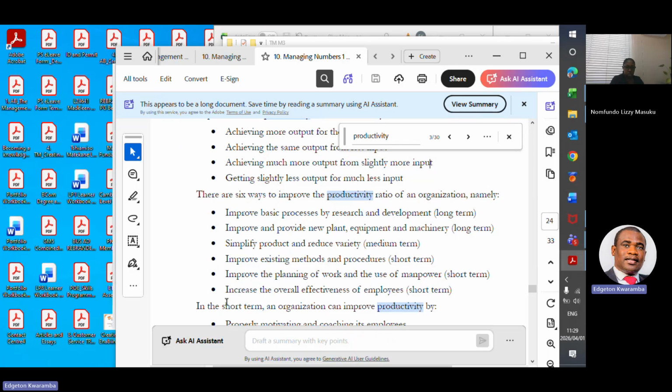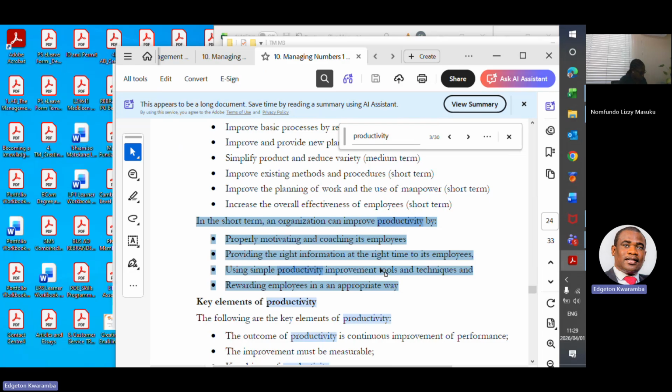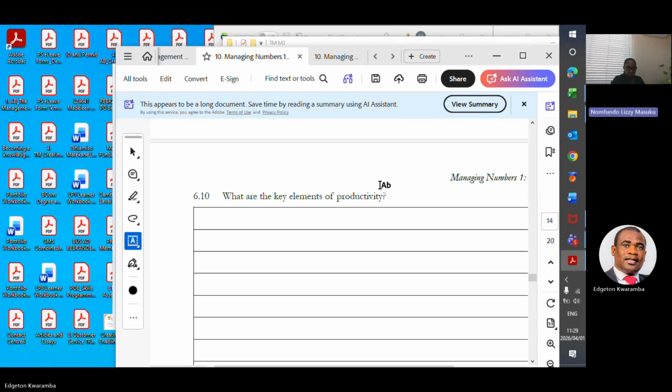You see there, in the short term, it can be increased by these. So you just take those and put them down as they are, unless you want to add, which is also fine. Every other question has an answer.